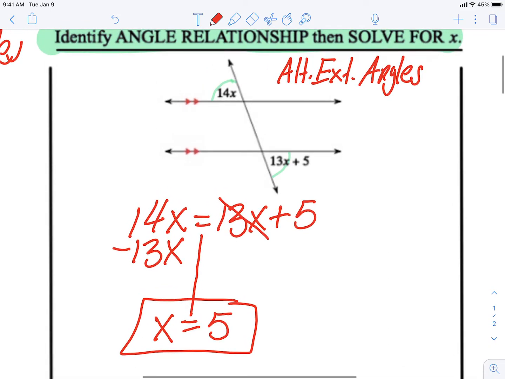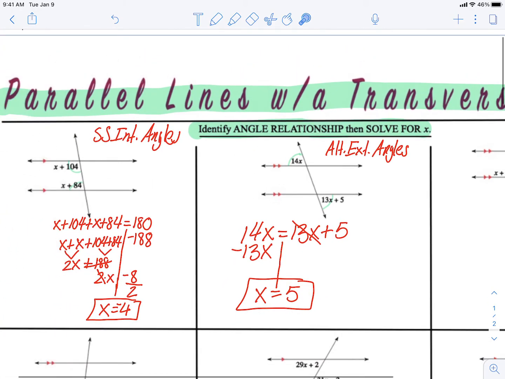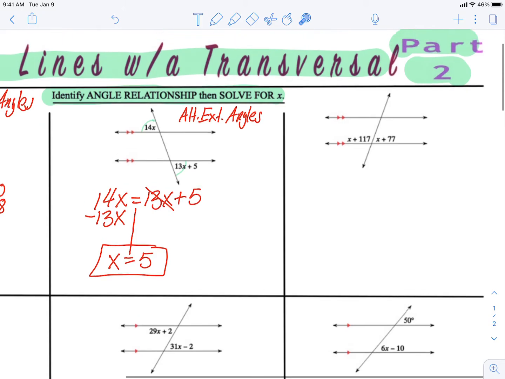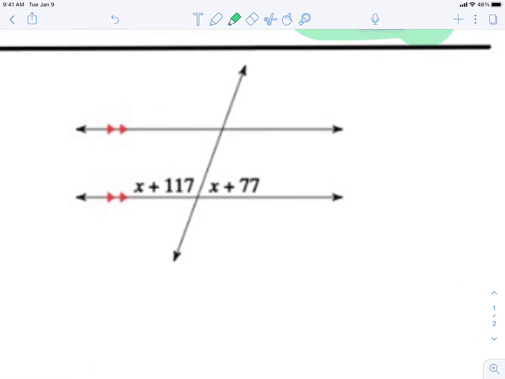Alternate exterior angles, and x equals 5. Perfect. All right, 2 down. 2 down, right? We are identifying. Perfect, everybody, perfect.